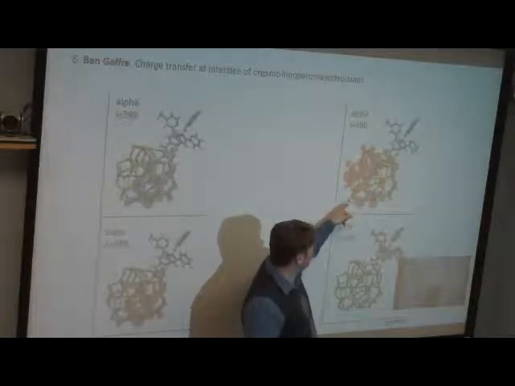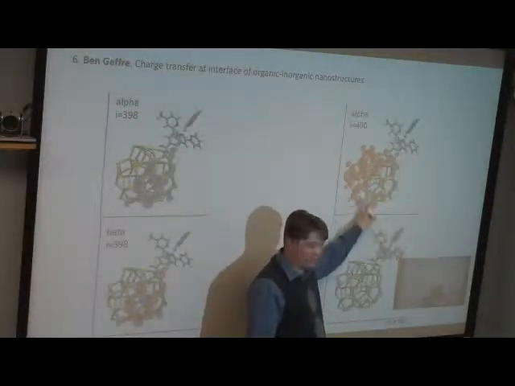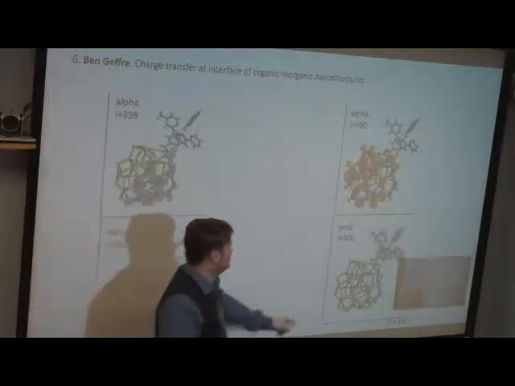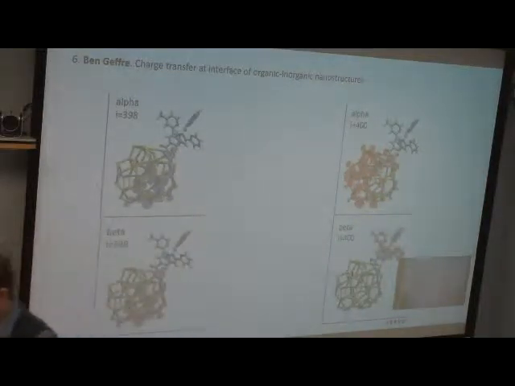For beta, it is localized in different parts of the material, and it is something non-negligible.